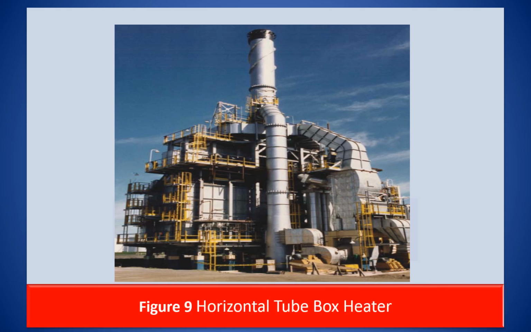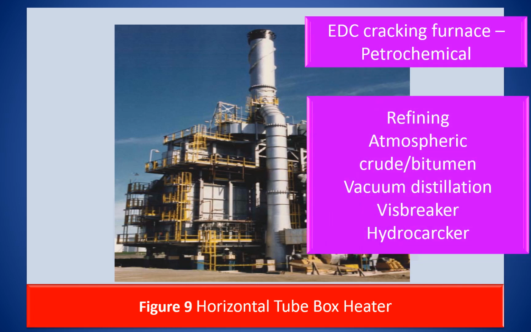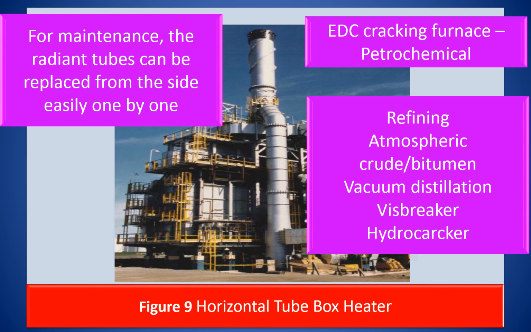This figure is an example of horizontal tube box-type heater installed in refineries and petrochemical plants. Examples of applications include EDC cracking furnace in petrochemical plant, refining, atmospheric crude or bitumen distillation, vacuum distillation, visbreaker, hydrocracker, etc. For maintenance, the radiant tubes can be pulled out and replaced from the side easily one by one.